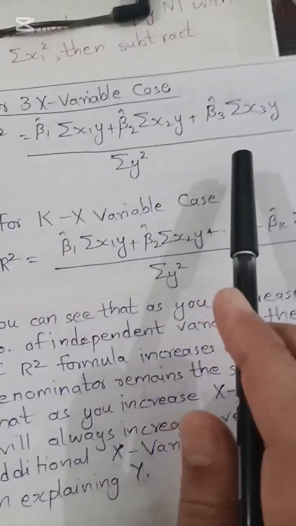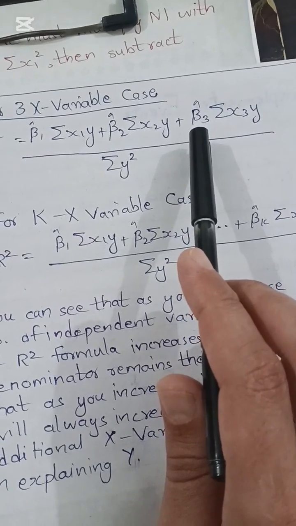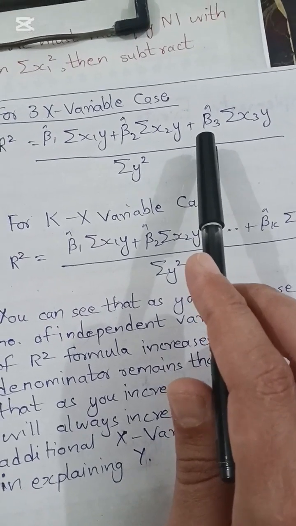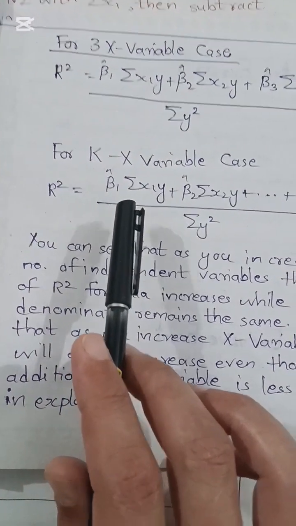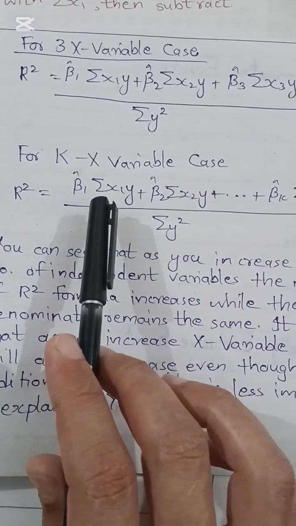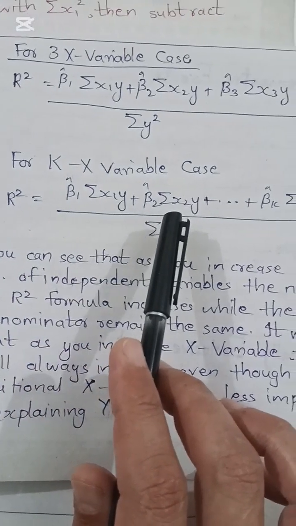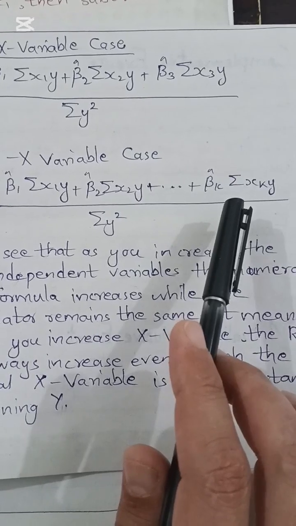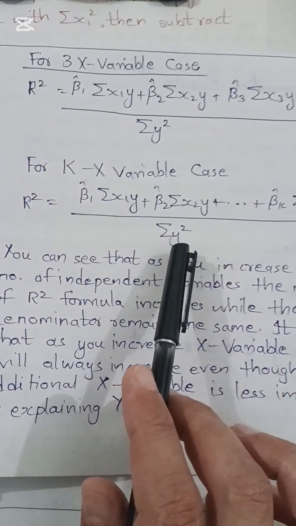So if you increase one variable, you need to add another term. If for example you have a k variable case, then the numerator would be like beta 1 hat sum of x1 y plus beta 2 hat sum of x2 y up to beta k hat sum of xk y divided by sum of y squared, which is the same.